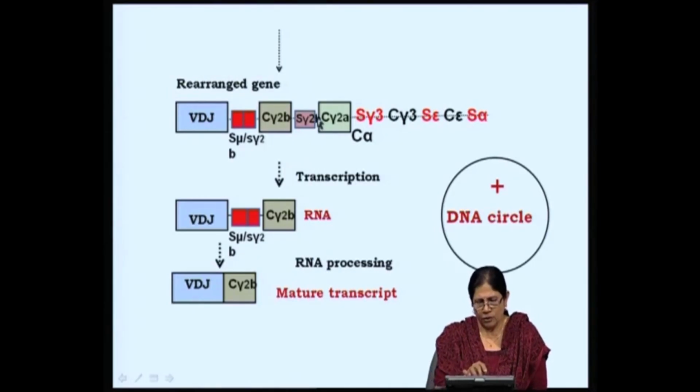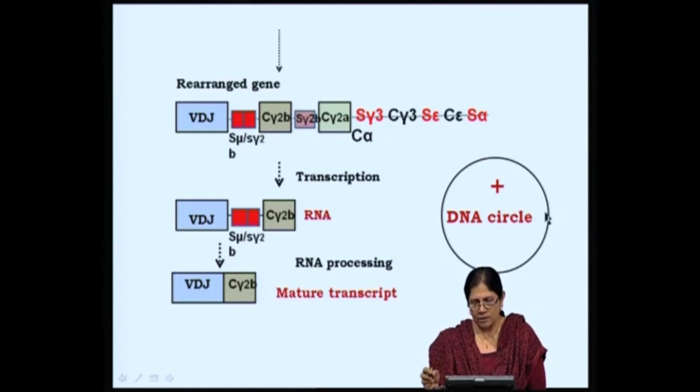The rest of the constant domain genes which come after gamma 2B still continue to be present. At the transcription level you will have the VDJ, and you can still see the joined switch regions of C mu and C gamma 2B, and the RNA transcript has been formed together with a DNA circle.